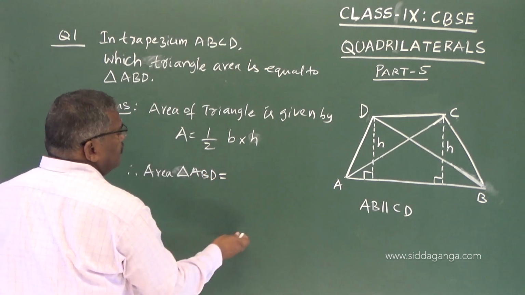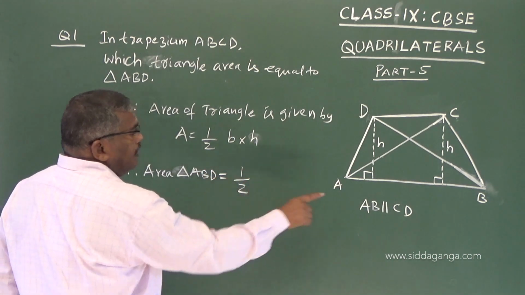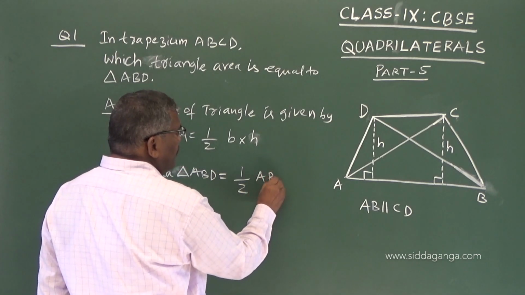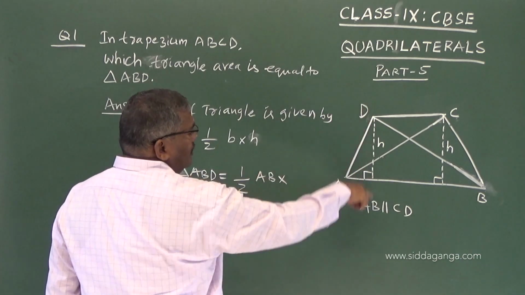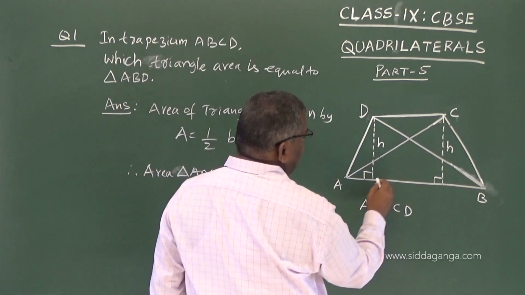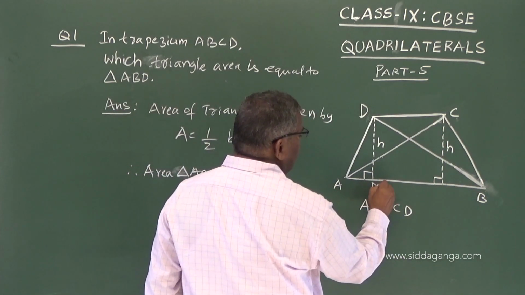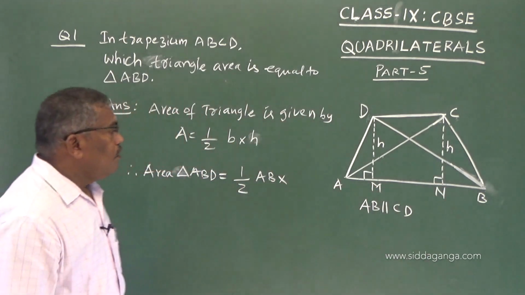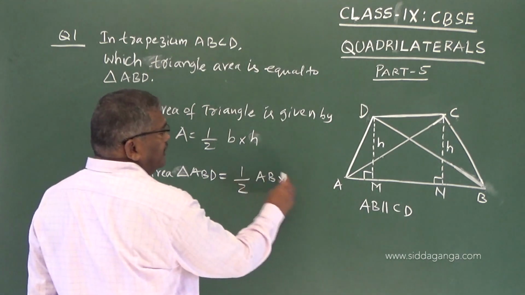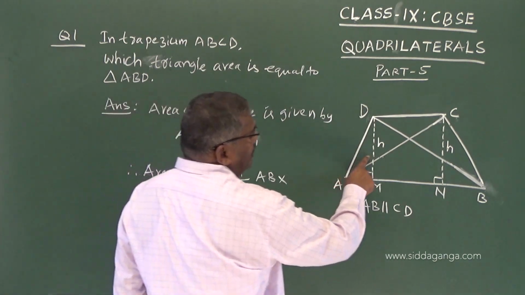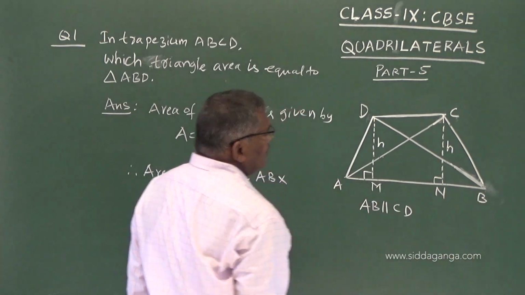ABD is equal to half of base, which is AB, and height is H. I will write ABCD, say M N. So what is the height? You can take here or here, the distance is the same.